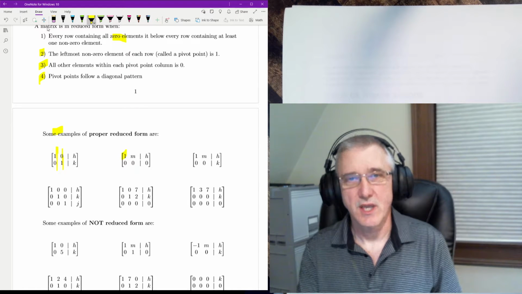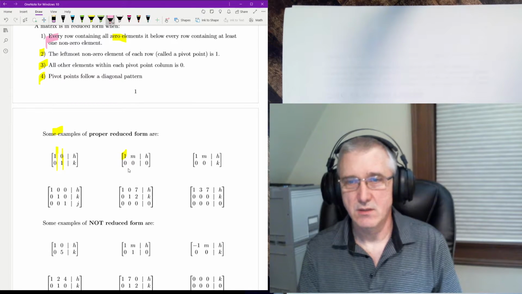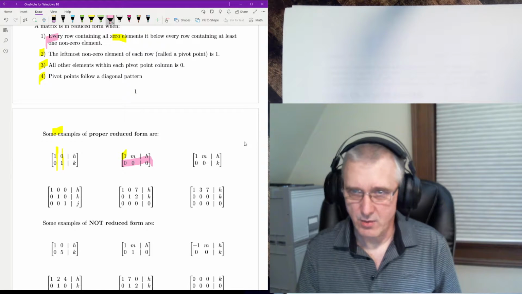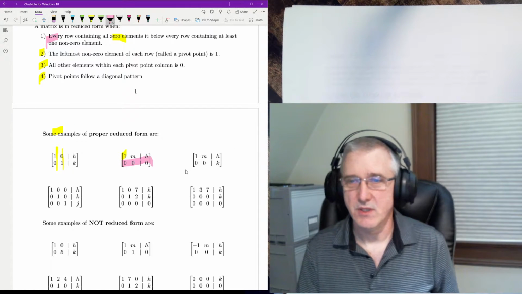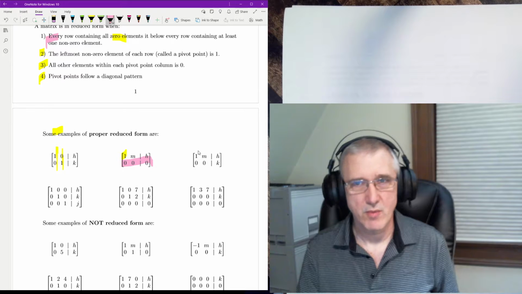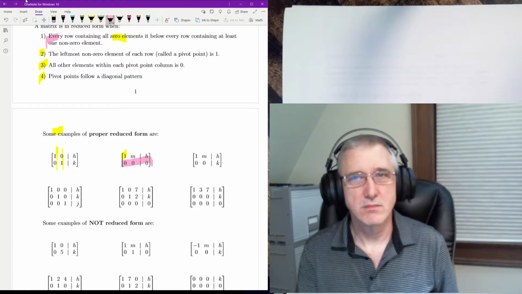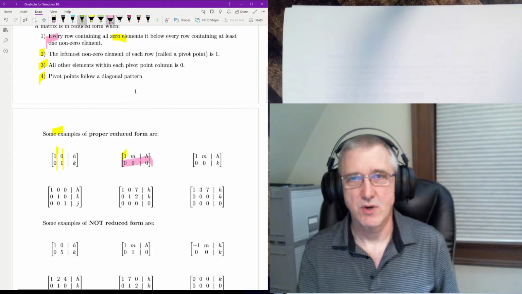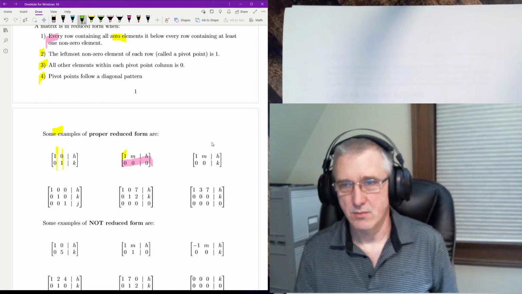So now we take a look at every row containing all zero elements, which is what we have here. When we talk about non-zero elements, we're generally speaking just about the square part of it, this part right here.